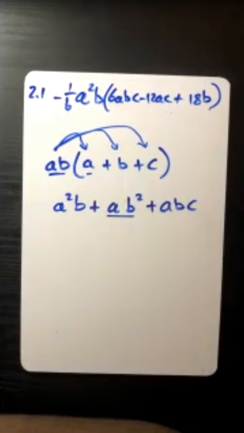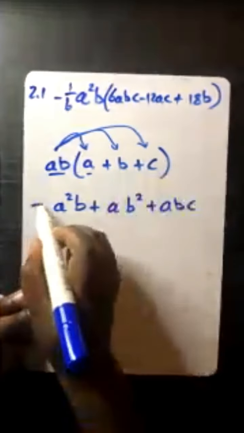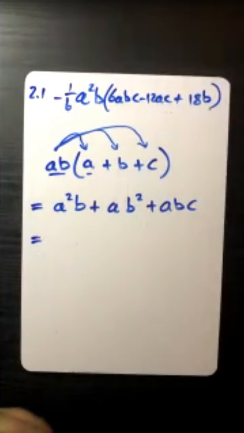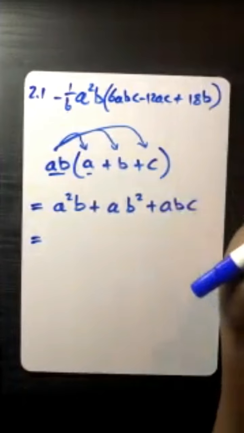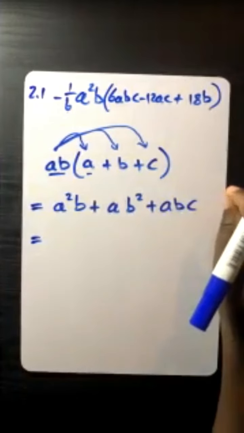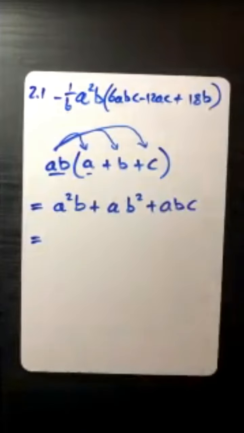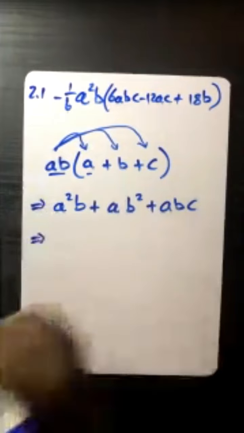Yes, sir. So now the next step is to check if we've got common factors. Do you know what is meant by common factors? Yes, sir. So do you see common factors on that expression over there? Yes, sir. What are the common factors?